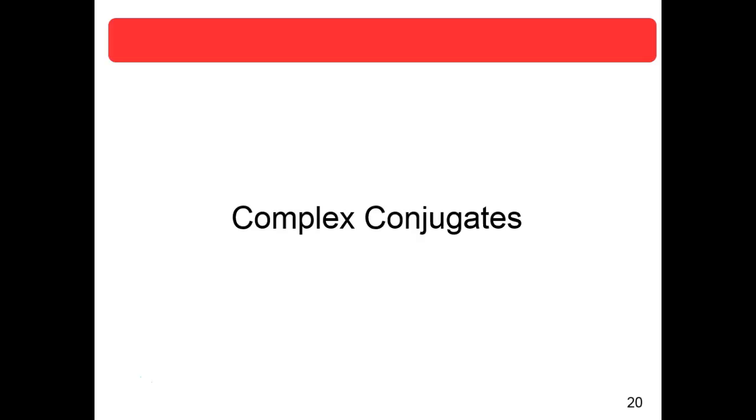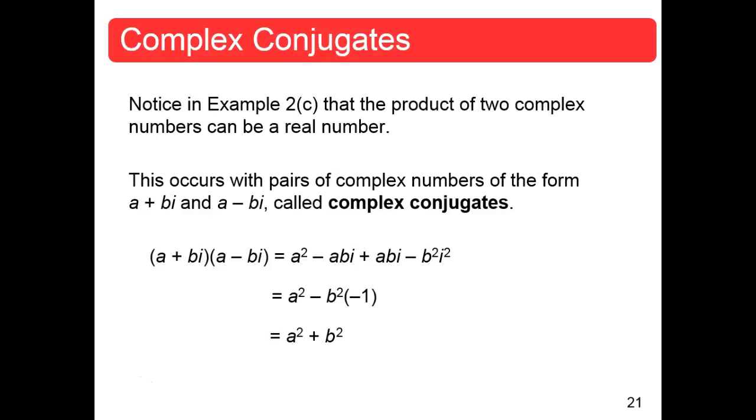So that's where we're going to talk about complex conjugates. That previous example 2C that we did, these are called complex conjugates. If you had a plus bi and you want to multiply its conjugate, keep the a, change the sign of the bi, okay? If you started with a minus bi, what is its complex conjugate? A plus bi, okay? Keep the first, change the sign of the second.